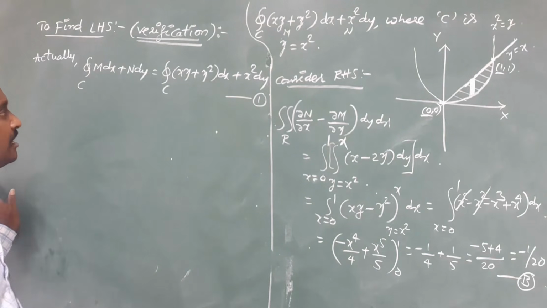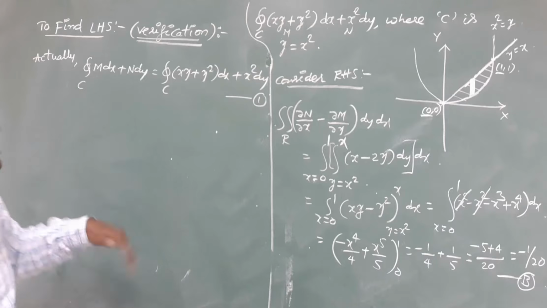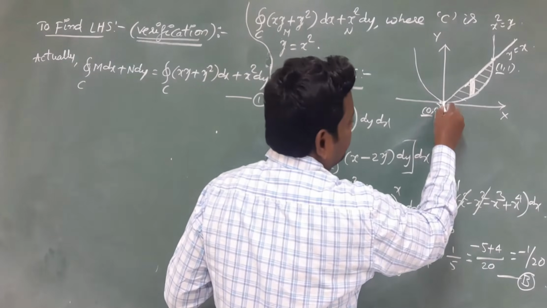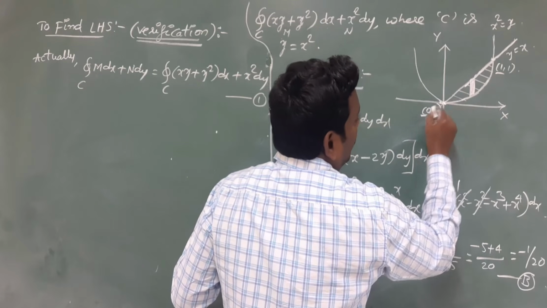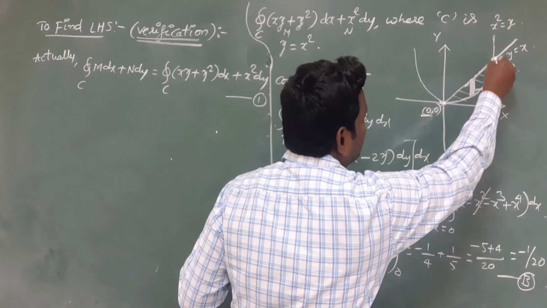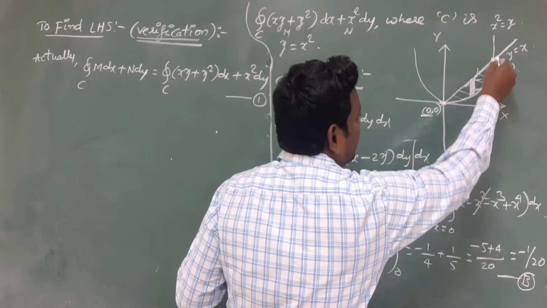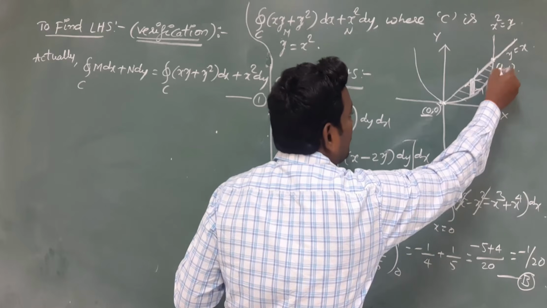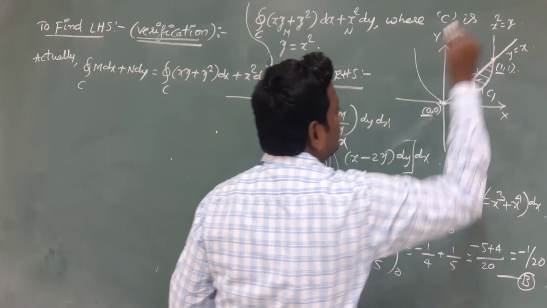But from the figure, our curve C has two parts. This arc from the origin to this point, you can call C1. After that, it comes from (1,1) to (0,0). You can take this part as C2.